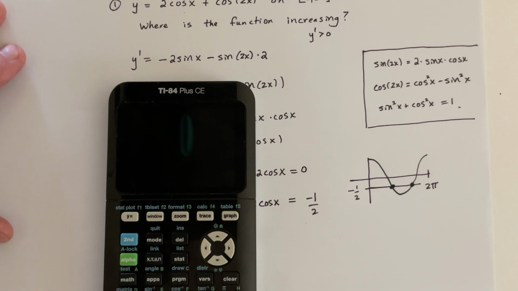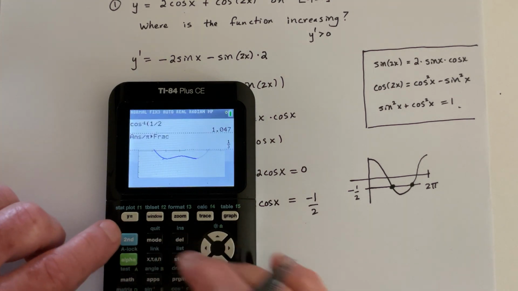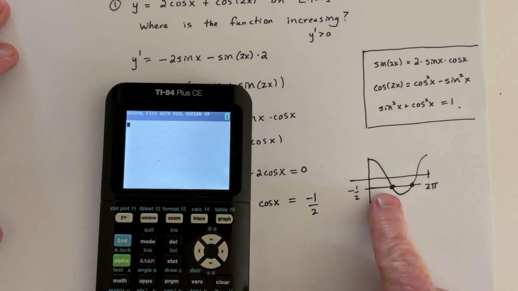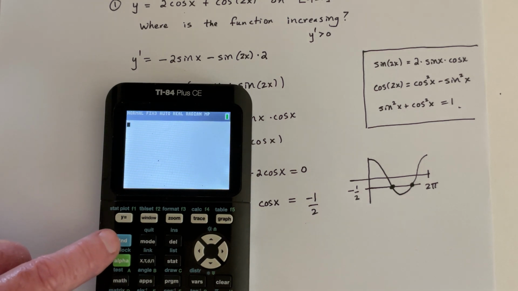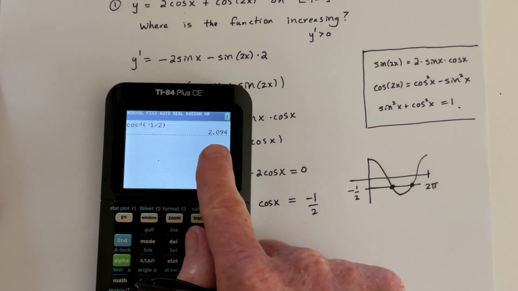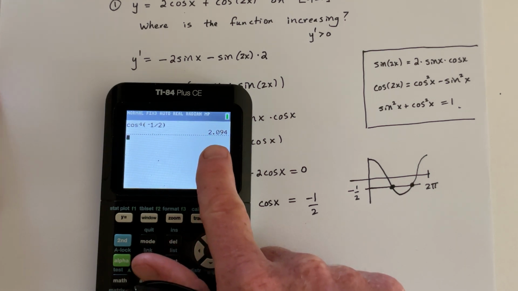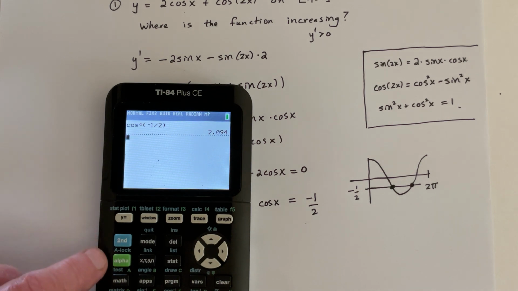And I could use cosine inverse to find the first solution. So if I put second cosine inverse of a -1/2, then that looks like it's some type of like pi over 3 or 2 pi over 3. What is it?